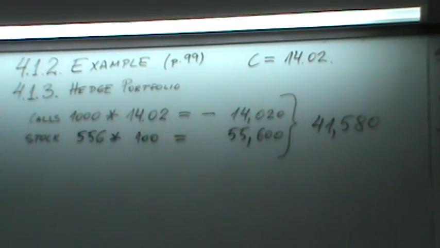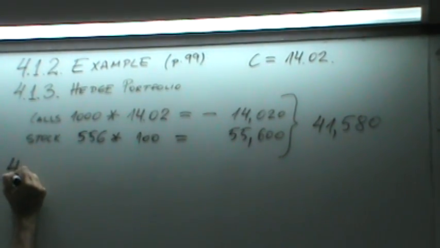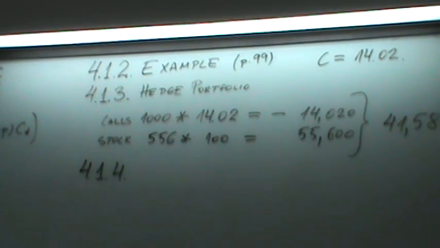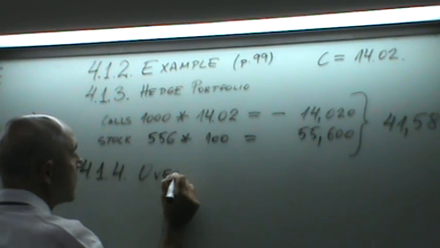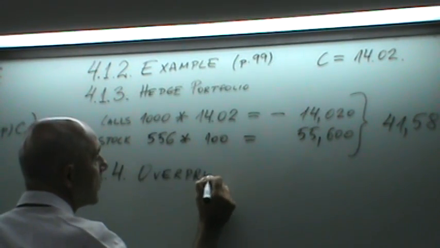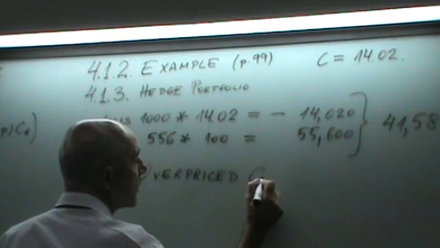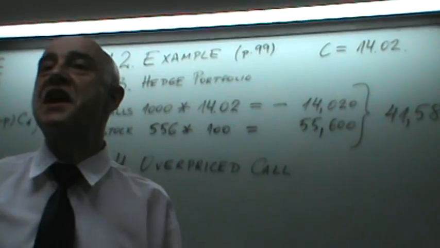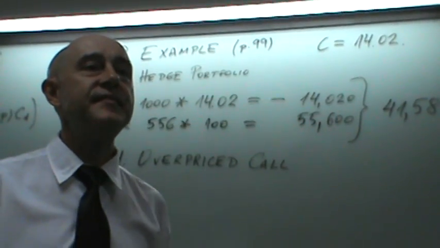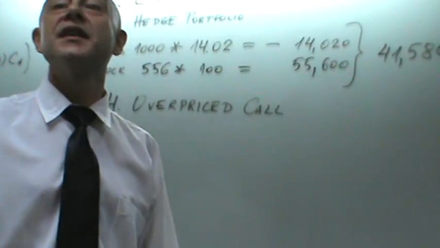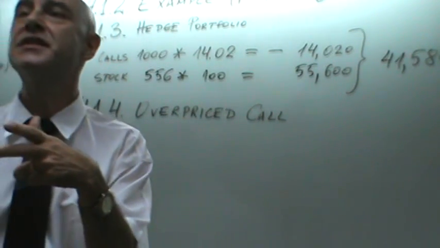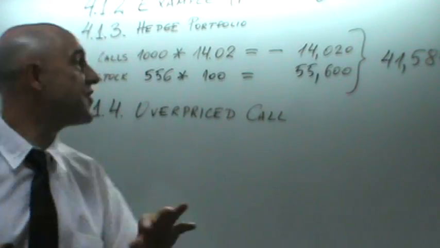That's section number 3. 414. Overpriced call. Again, you can think of designing portfolios and all the other stuff, but it's very simple.